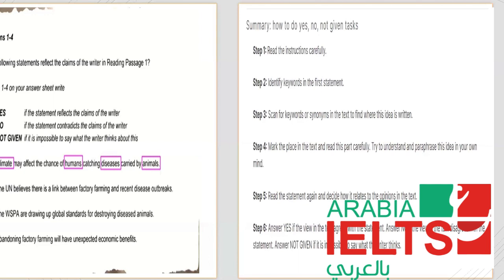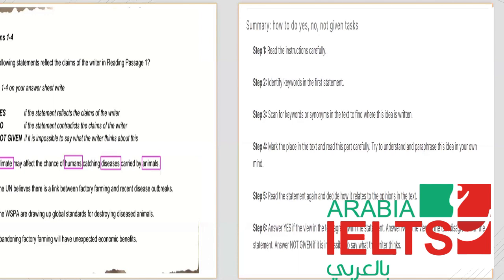Of course, at the beginning, if we have a passage, we have to skim it first to understand what we are talking about and what the main ideas are, so we can extract and compare information.